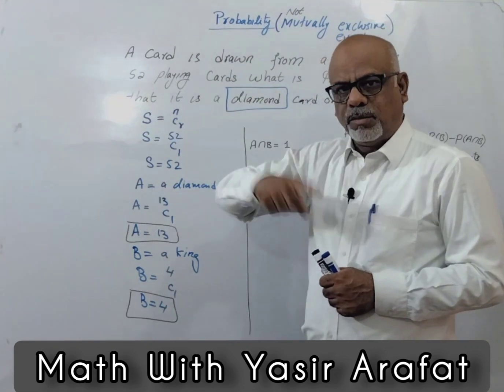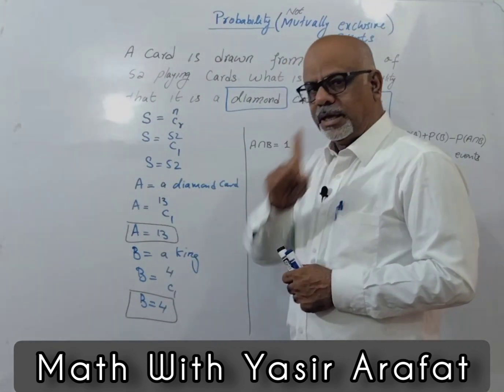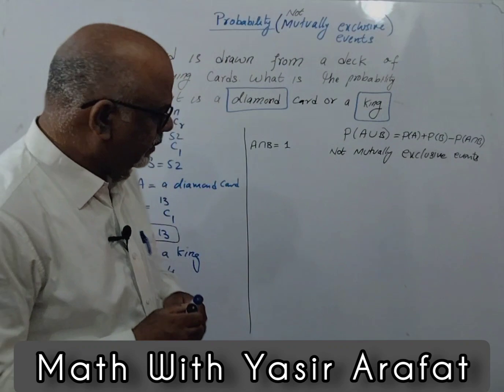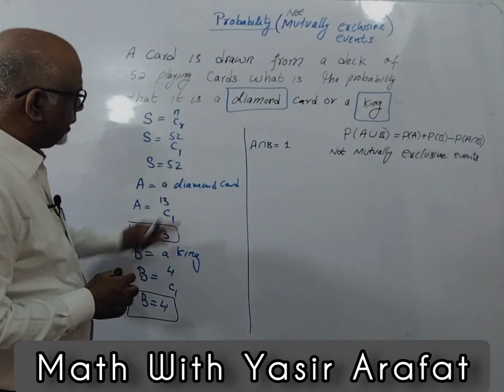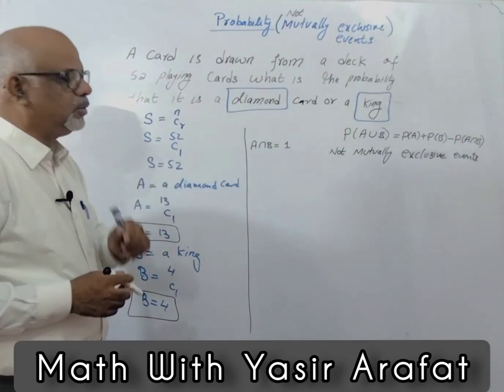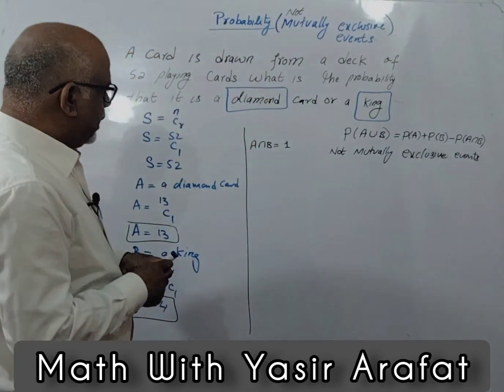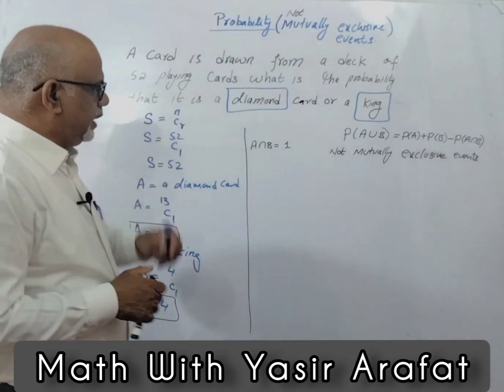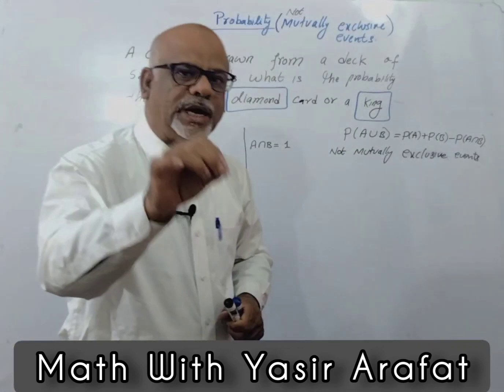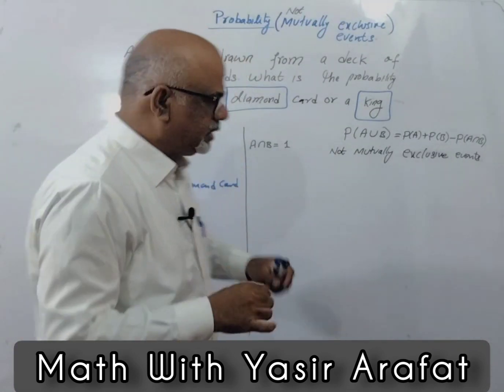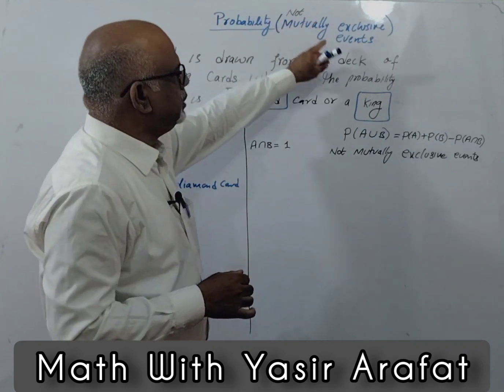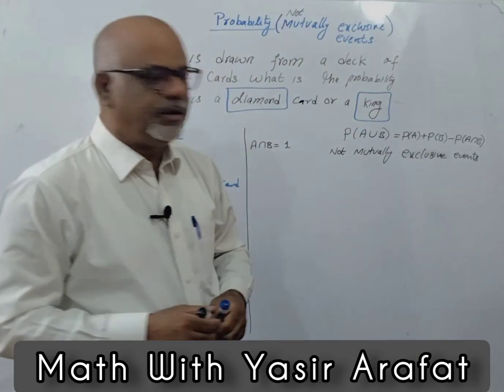So what will be the common between set A and B is one king there. So here A intersection B will be equal to one king, that is the common. It means A and B are joint sets. So this is called not mutually exclusive events.